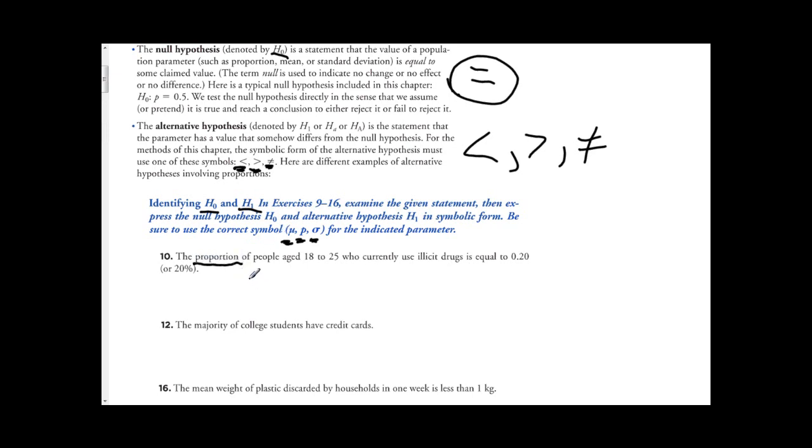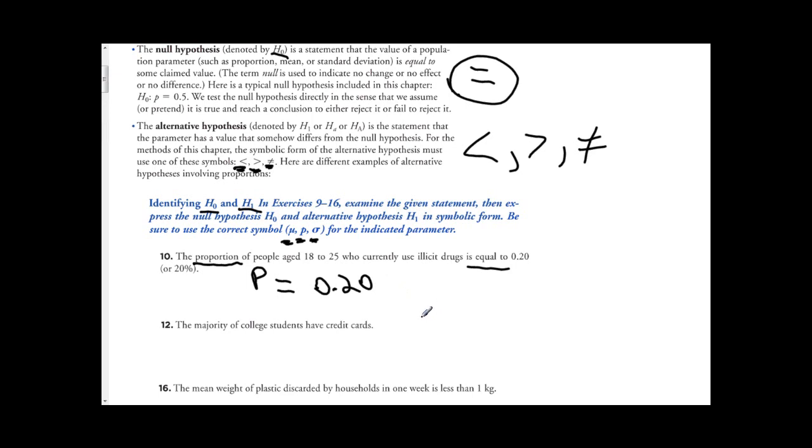This claim is that the population proportion, p, of people aged 18 to 25 who currently use illicit drugs is equal to 0.2. Is equal to is definitely equality, and it's equal to 20%, 0.2.